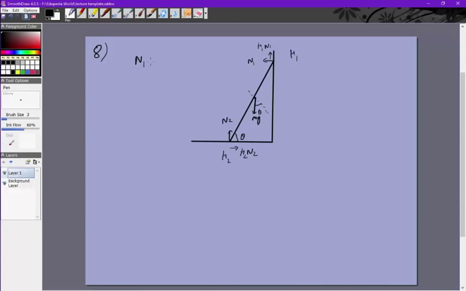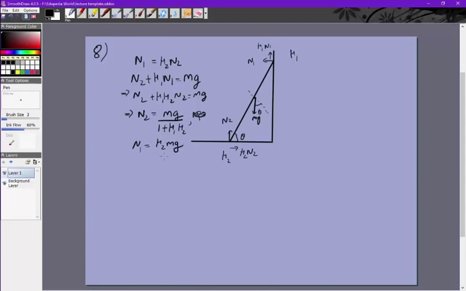That will give you N1 is equal to mu2 N2 and N2 plus mu1 N1 is equal to mg, which can be written as N2 plus mu1 mu2 N2 is equal to mg, substituting N1 from the first equation, which means N2 is equal to mg by 1 plus mu1 mu2, and N1 is mu2 times this, so N1 is equal to mu2 mg by 1 plus mu1 mu2.